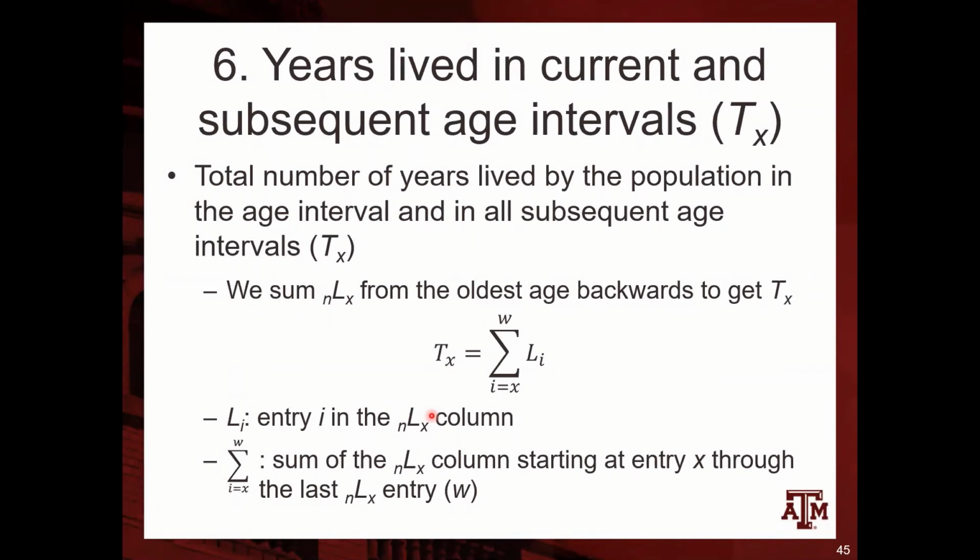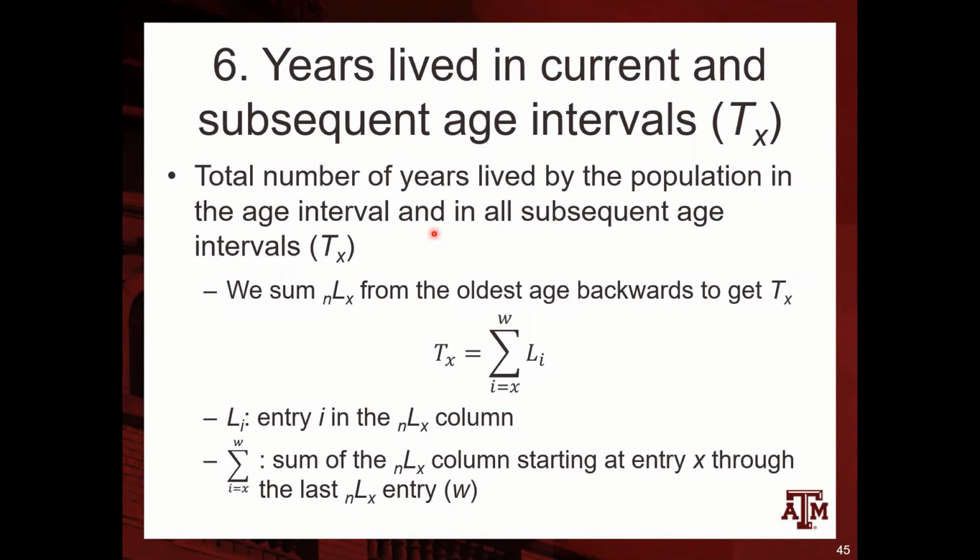The years lived in current and subsequent age intervals are pretty much the cumulative result, coming from the bottom to the top of the big L column, that gives us the big Tx column. So the formula is simple here. It's the total number of years lived by the population in the age interval and in all subsequent age intervals. We sum the big L column from the oldest age backwards, so from the bottom to the top.